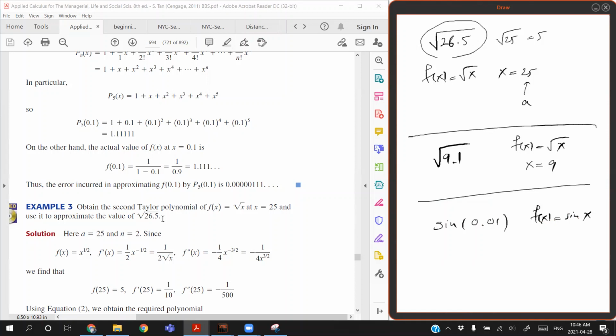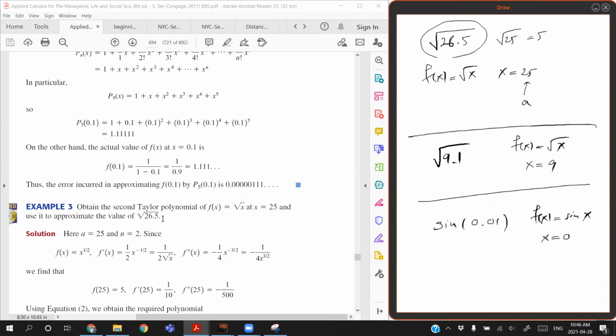And then you think about the closest number to this number for which you know what sine is, or what the derivative of sine is at that point. So the derivative of sine is cosine. The derivative of cosine is going to be minus sine. So we have to center this at 0, because this number is very close to 0.